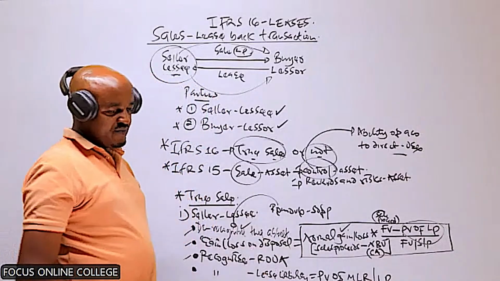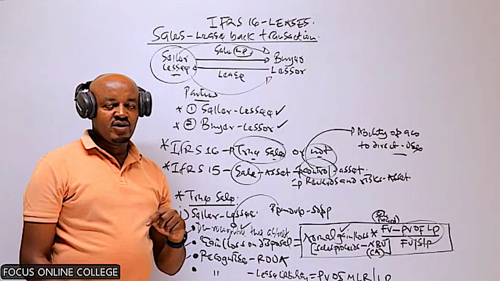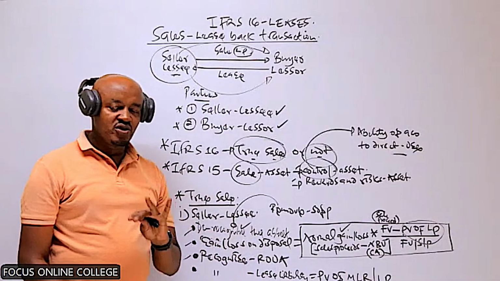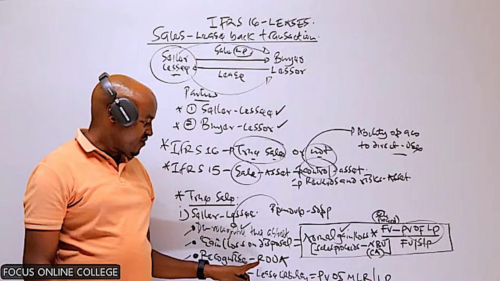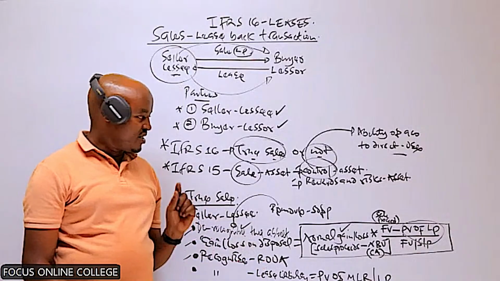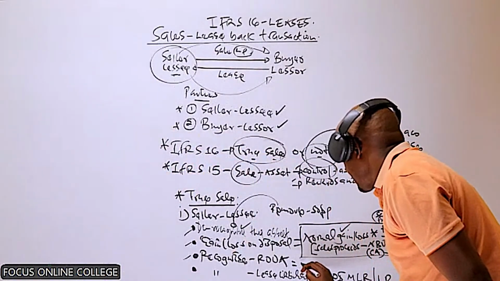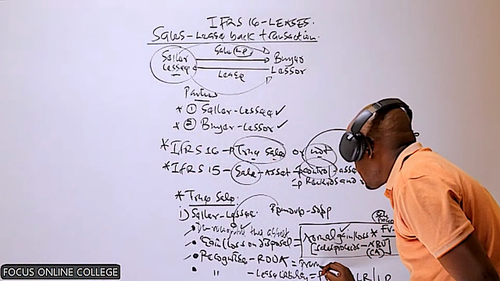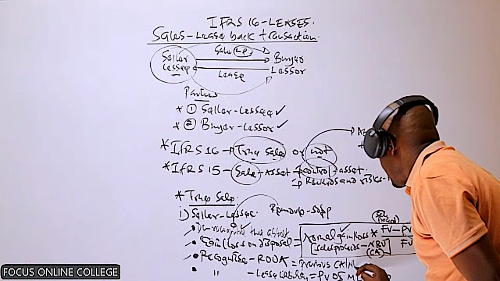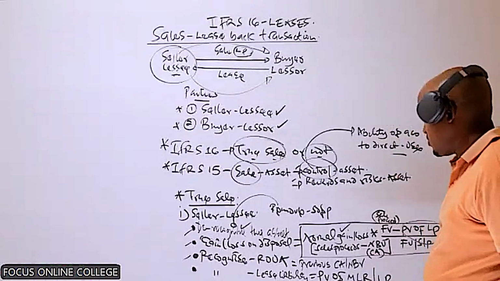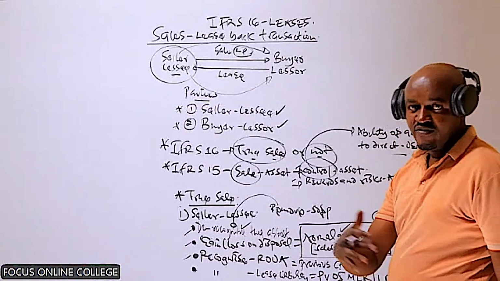So the formula which we use to compute this here, we take the previous carrying amount, or the previous net book value. So this is the net book value, or the carrying amount of the asset before it was disposed.